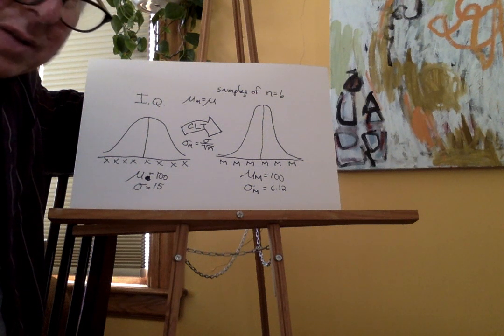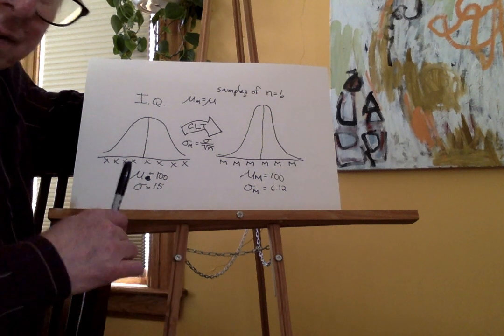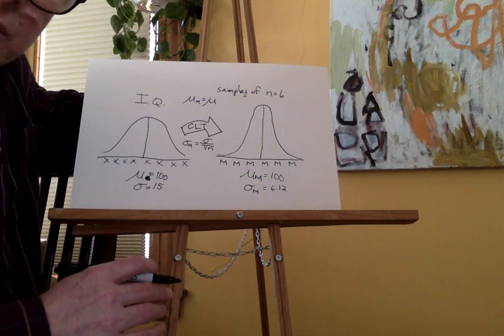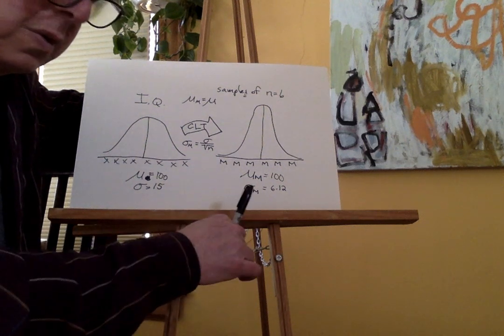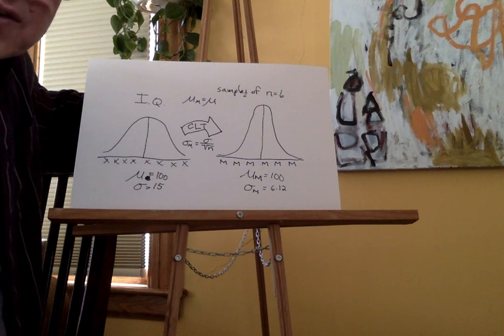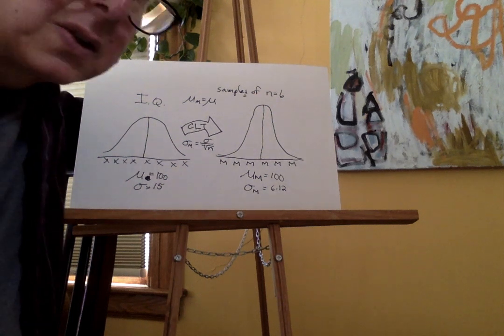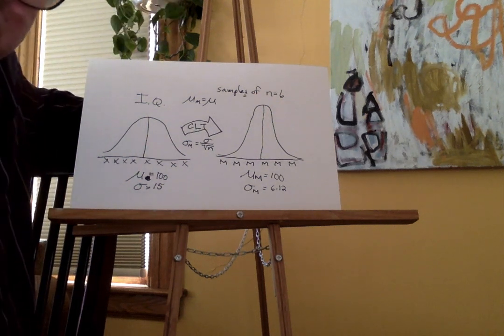I'll repeat the question. What's the probability that we're going to fall within 5 points of the average with individual scores? What's the probability that we're going to fall within 5 points when we have samples of 6? I'm going to give you a couple minutes and see if you can't figure this out, okay?